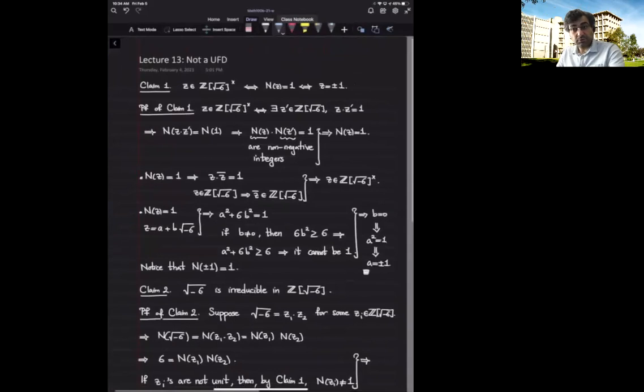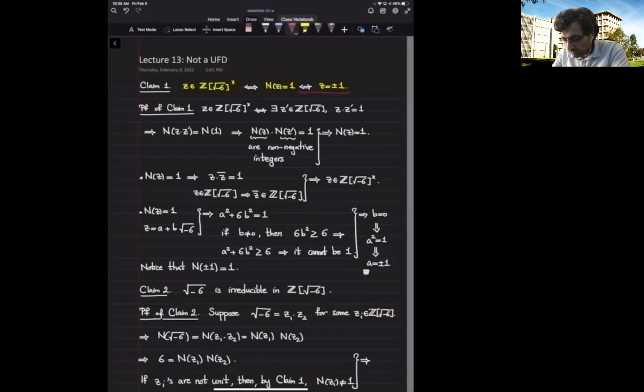So the first thing that we are going to show is that an element z is a unit in this ring precisely when its norm is 1. And then we classify what are the elements that have norm 1, and it turns out that those are precisely plus minus 1. So this part of the argument is very dependent on this particular example.